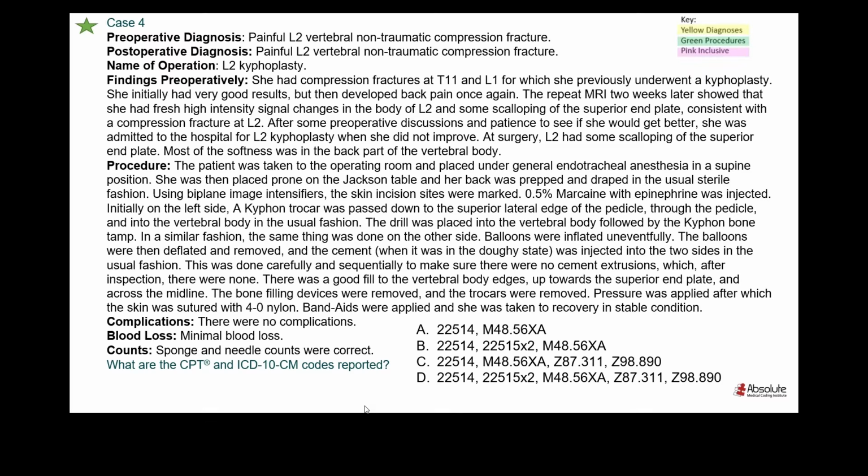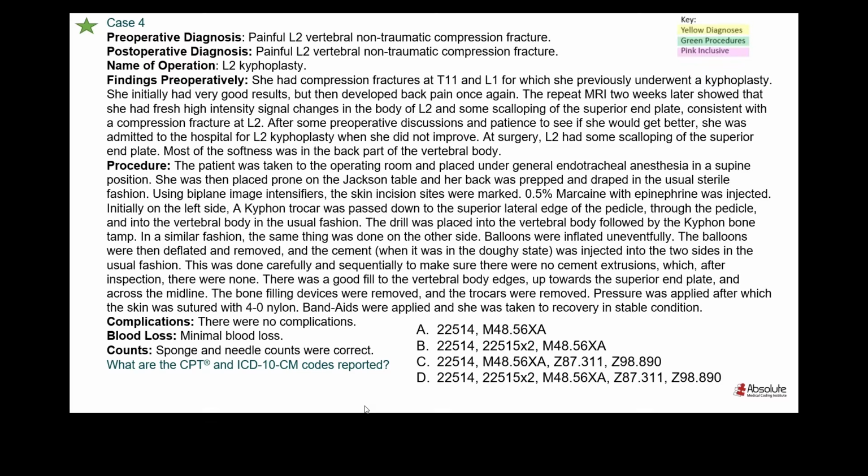There was a good fill of the vertebral body edges up towards the superior end plate and across the midline. The bone filling devices were removed and the trocars were removed. Peroxide was applied, after which the skin was sutured with 4-0 nylon. Band-aids were applied and she was taken to the recovery in stable condition.